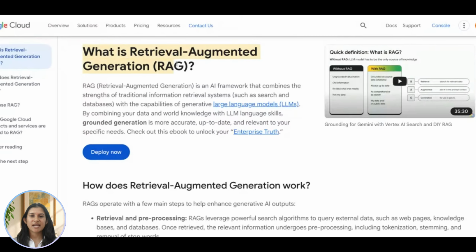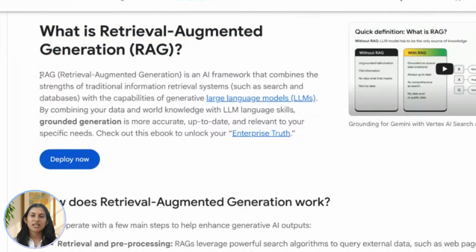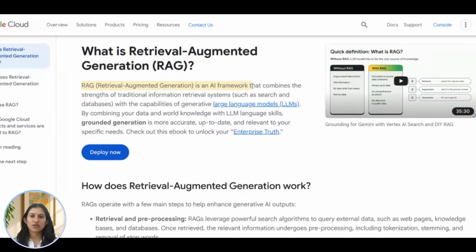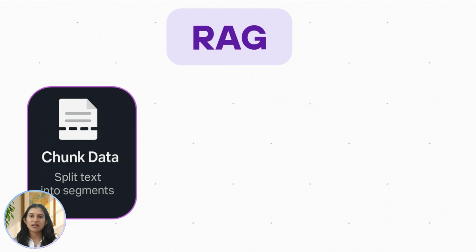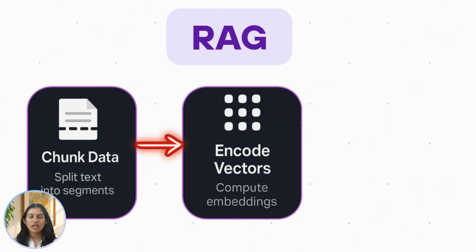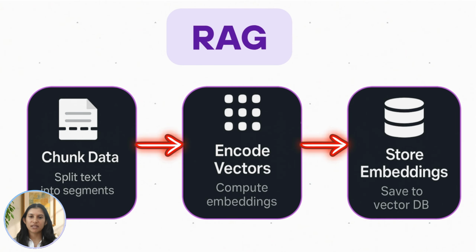Now let's understand what RAG is. RAG is Retrieval Augmented Generation. How does RAG work? It will break down the data into different chunks, encode those chunks into vectors, and store them in the form of embeddings.